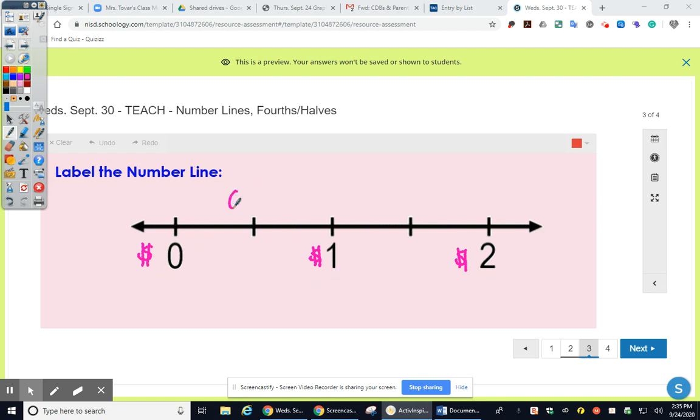And we could say that this would be 50 cents. So here we have 0, 50 cents, $1. If we skip count evenly, this would be $1.50. Or you can ask yourself what's exactly between $1 and $2, and that would be $1.50.